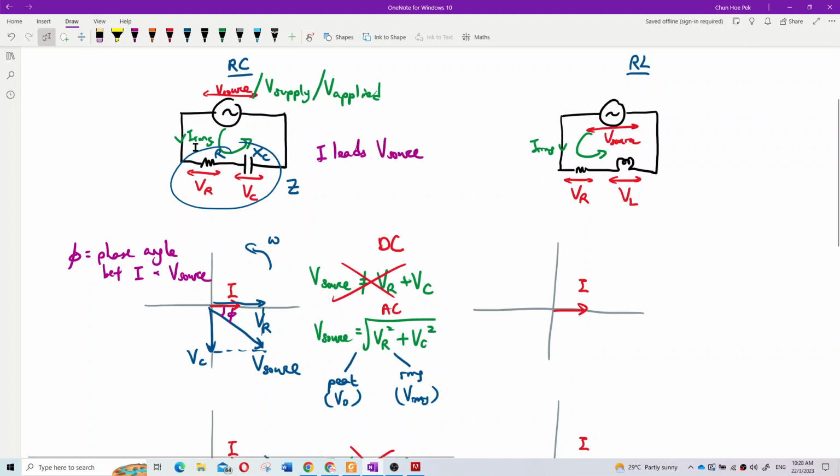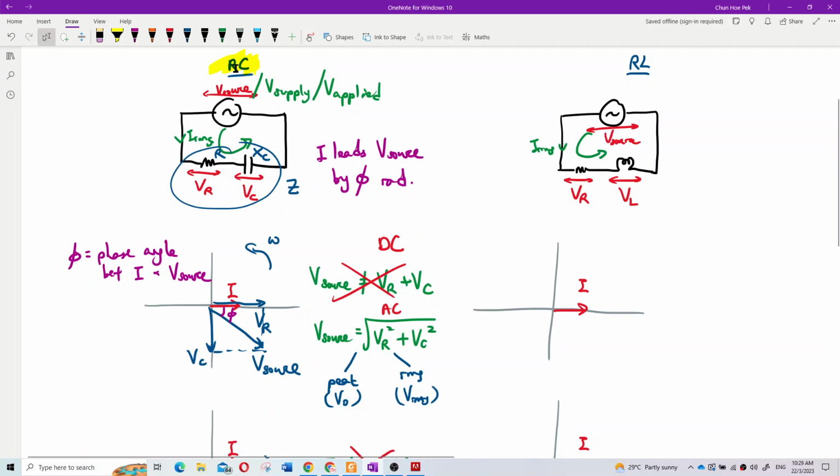So for RC circuit, the current is leading V source by phi radian. This phi can be any degree, 30 degree or 60 degree, anything. So current is faster than V source. It's not 90 degree, but less than 90.